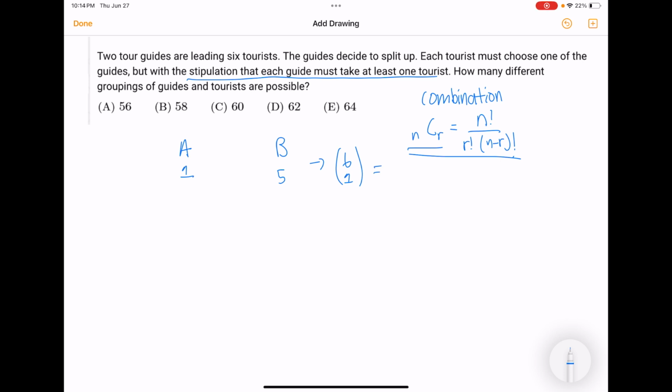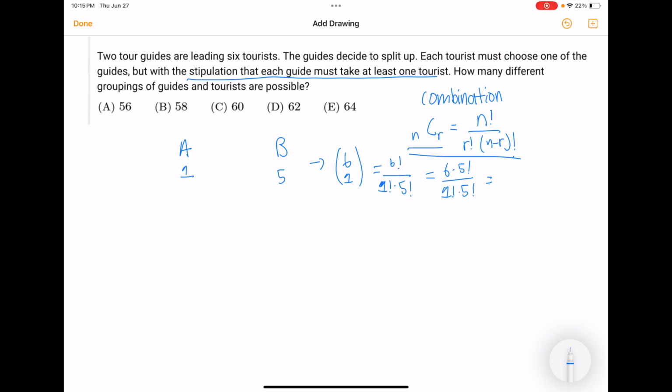So it would be 6 factorial over R factorial, so 1 factorial times 6 minus 1, which is 5 factorial. And so this would give us 6 times 5 factorial over 1 factorial times 5 factorial.